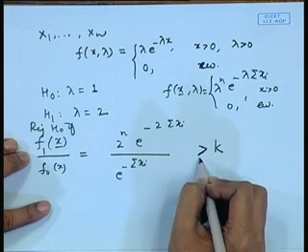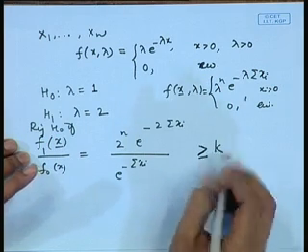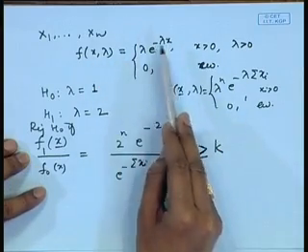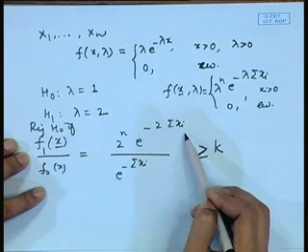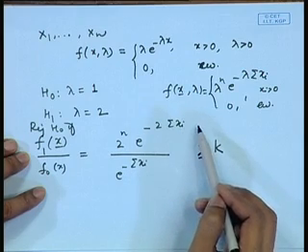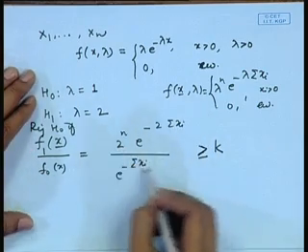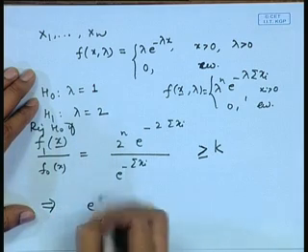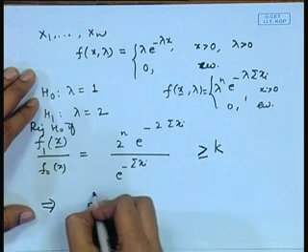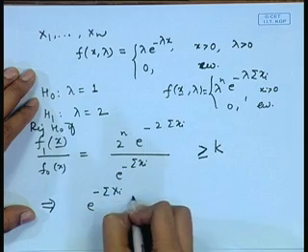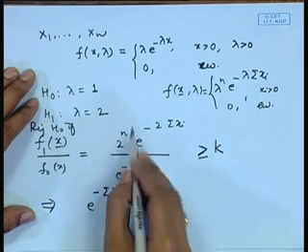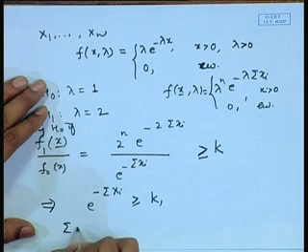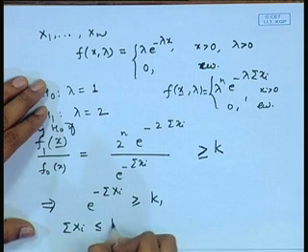Once again, without loss of generality, we may include equality here or we may delete equality, because the distribution of xi's are continuous, therefore, the distribution of sigma xi will also be continuous. In fact, we know the distribution of sigma xi here. Firstly, let us simplify this. So, this region is equivalent to, if we take this in the numerator, it is reducing to sigma xi greater than or equal to some k1, because this coefficient we can remove, and when we take logarithm, this is reducing to sigma xi less than or equal to some k2.